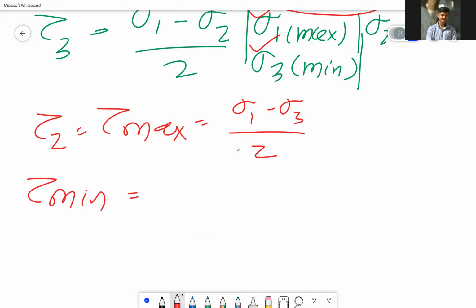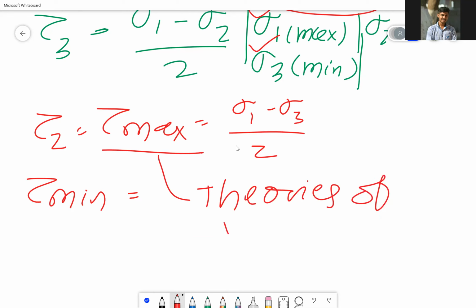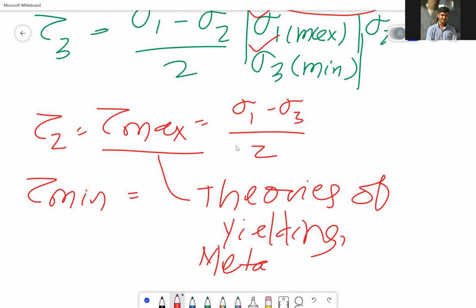The maximum shear stress is very important in theories of yielding, and also in metal forming, as we are going to read, in yielding and metal forming operations.